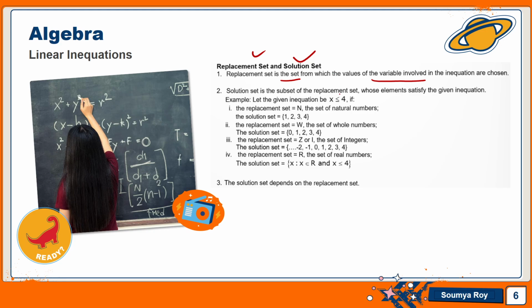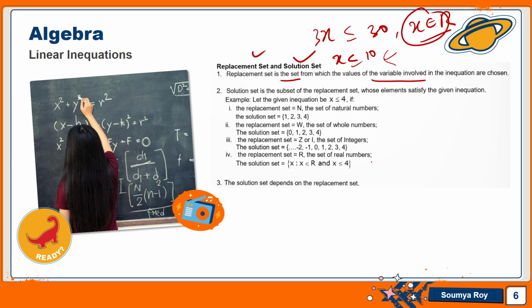In an equation like 3x less than or equal to 30, they will give you x belongs to R, meaning real numbers. So whatever x you fetch will belong to real numbers only. That is the replacement set. You have to write real numbers only for this.